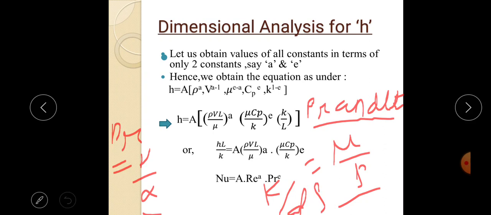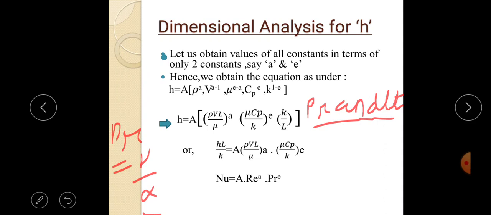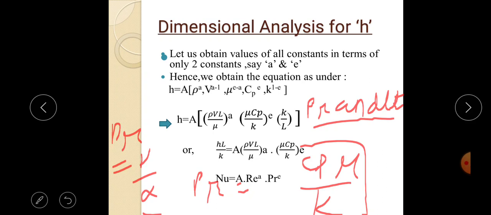So when we combine these two terms, we will get Pr equals Cp mu divided by K, which we have substituted earlier. So Pr is the Prandtl number, Cp mu by K, momentum diffusivity divided by thermal diffusivity. Cp is the heat capacity, mu is the dynamic viscosity, and K is of course the thermal conductivity.